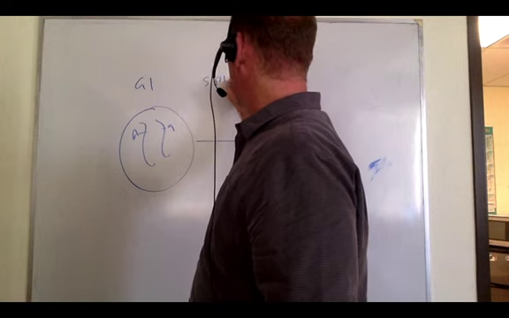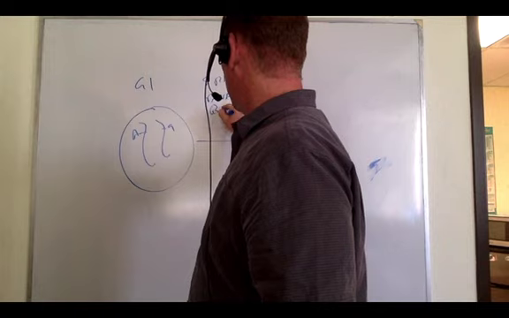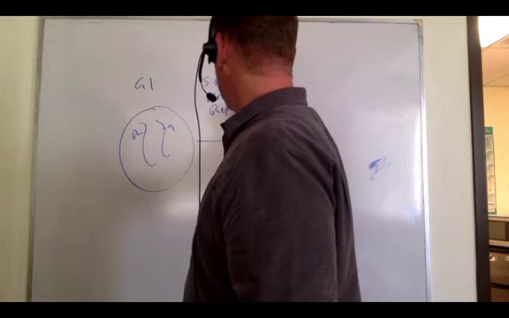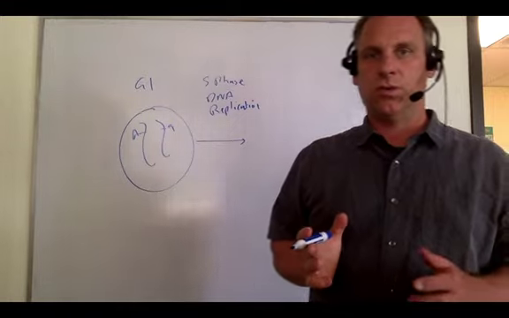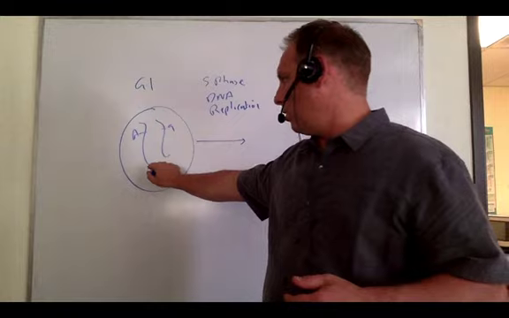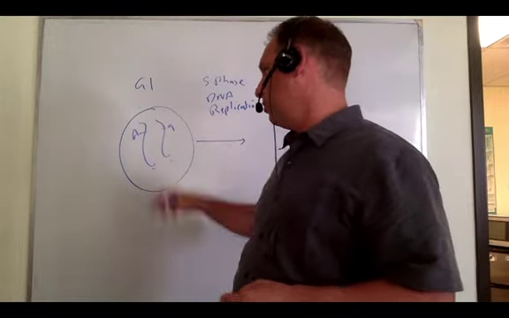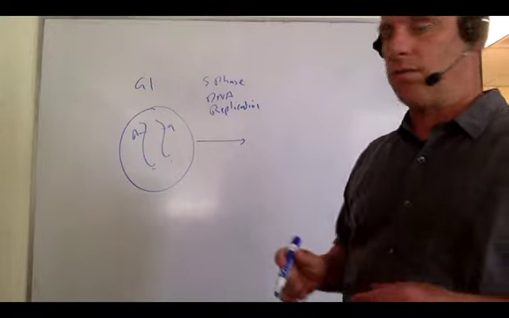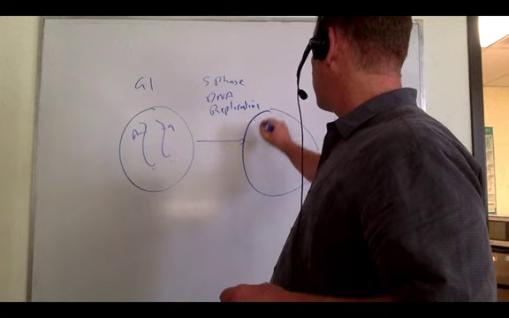S phase, DNA replication. And we're going to talk a lot about DNA replication later, but for now, we're just going to basically show DNA replication as each of those chromatids. This is one chromatid and one chromatid, but those are actually also designated as chromosomes. Each of those chromosomes is going to replicate, and it's going to produce that kind of famous structure.